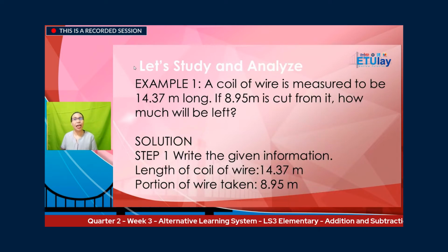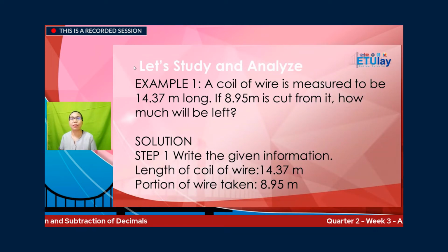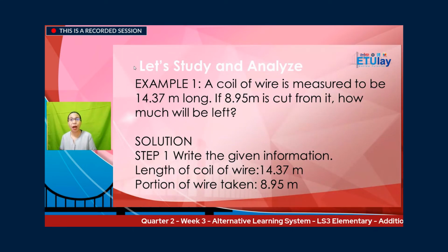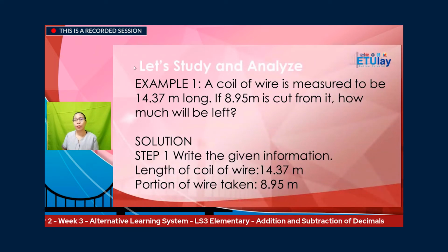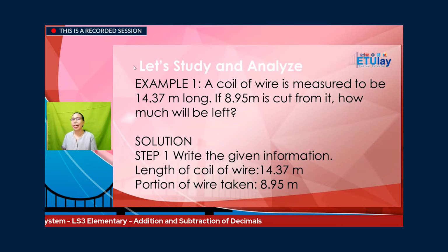Study and analyze the given problem. Example number 1. A coil of wire is measured to be 14.37 meters long. If 8.95 meters is cut from it, how much will be left? To find the answer, again, first, we write the given information.